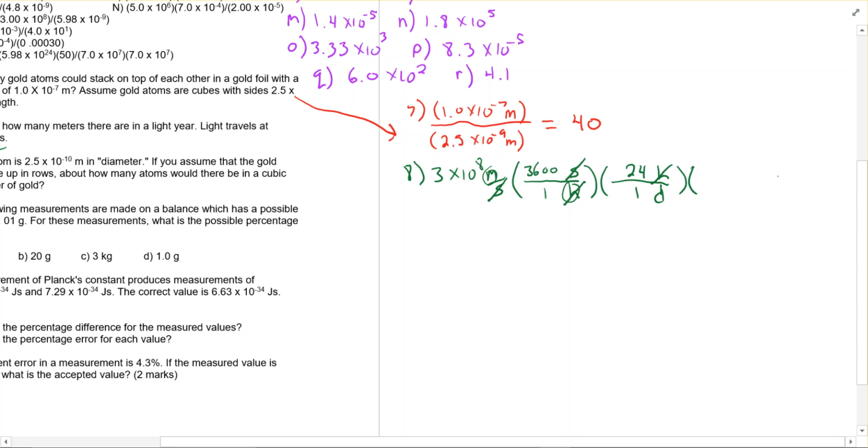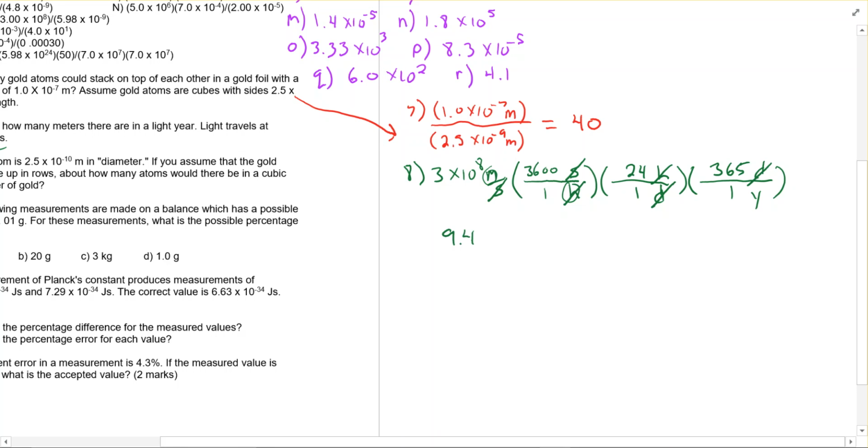Now last one, we want to get to years, right? So what I'm going to do is go, okay, well there are 365 days in 1 year. So now if I do that, days cancel with days, and now all I got to do is multiply all these numbers up top together, and I get 9.4, but I can't really go 9.4, can I?